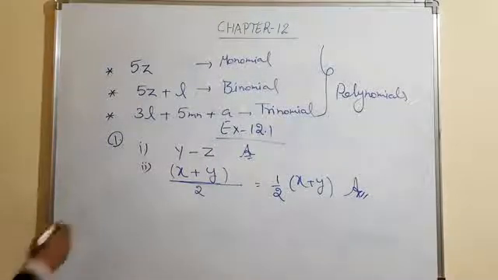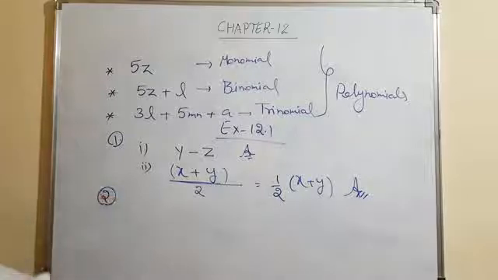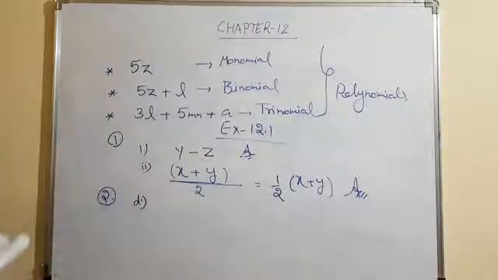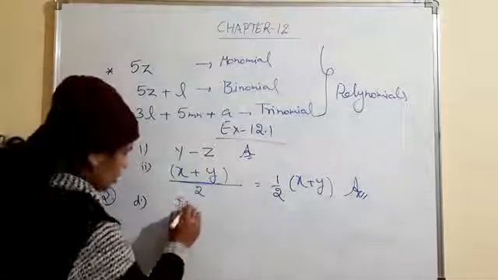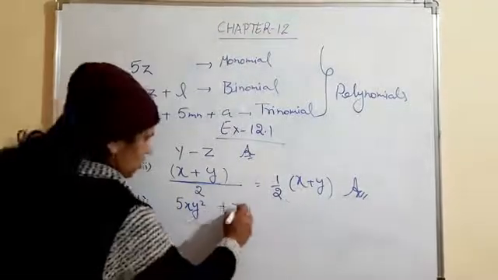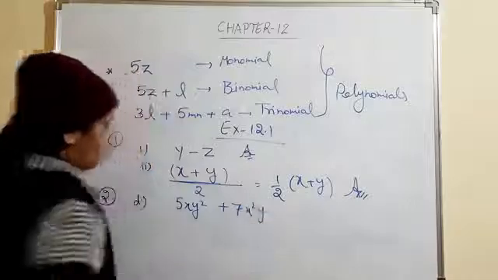Okay, now question number 2. Identify the terms and their factors in the following expressions. Show the terms and factors by a tree diagram. So I am taking here part D. In part D, we have the expression 5xy square plus 7x square y.